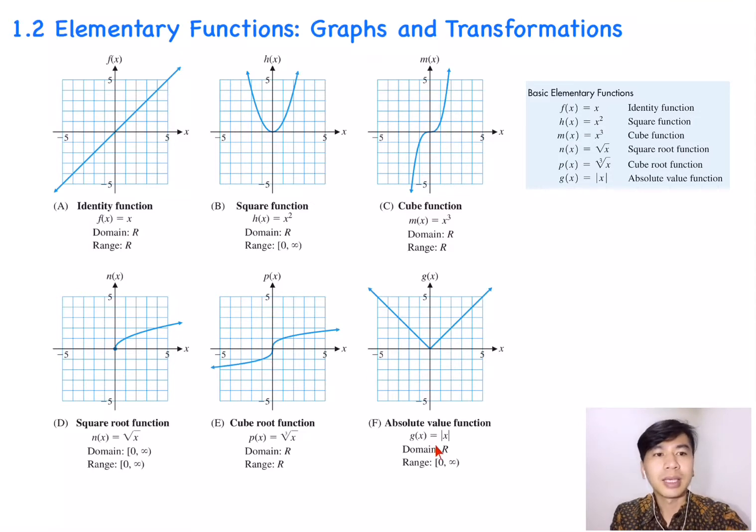And then the absolute value function always refers to distance. In this case, the domain is the real numbers. You can put in any number, but the range starts from 0 to infinity. It means it's always above the x-axis.